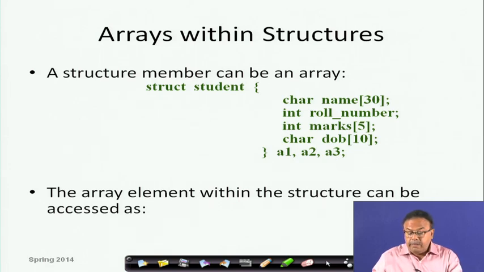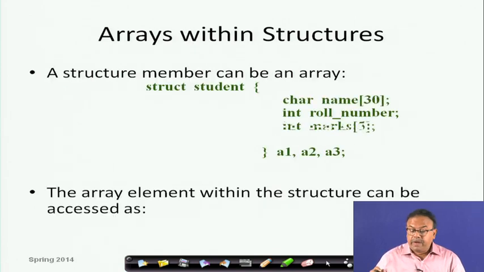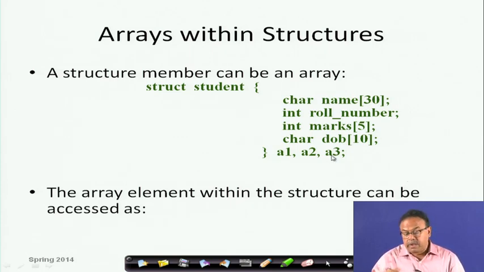I have defined an array earlier, that is a class of 50, right. So, now I have got an array of which every element is a structure like this, and the structures are variables A1. These are also the student variables. Also, my class is consisting of the same structure.